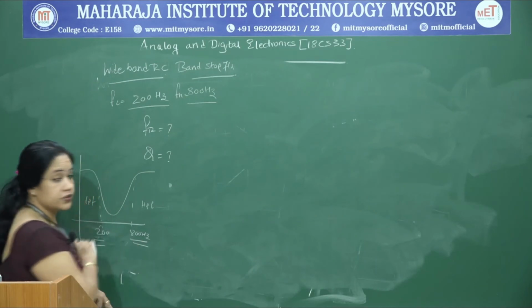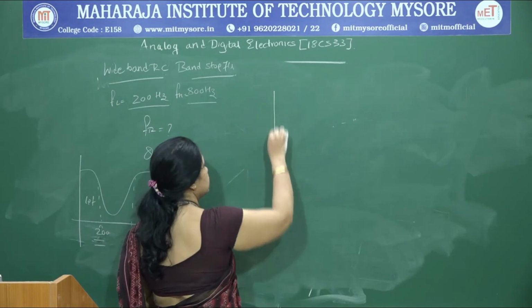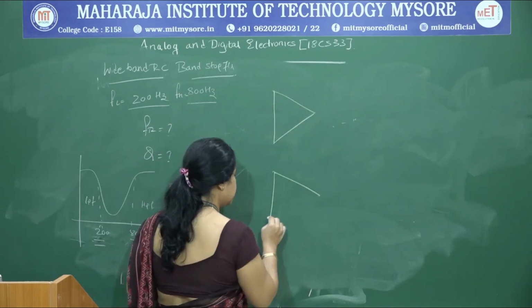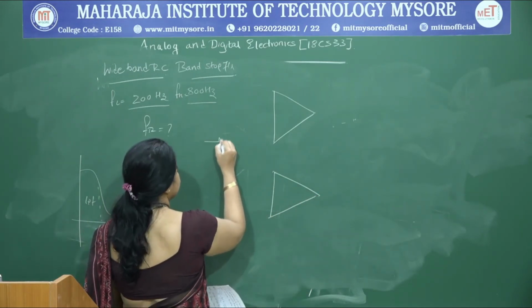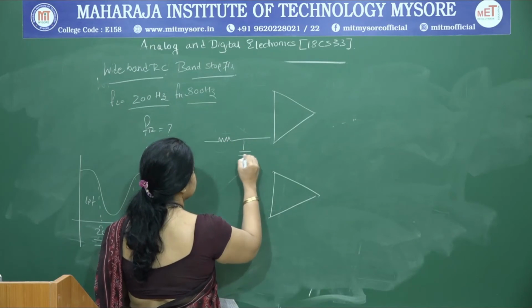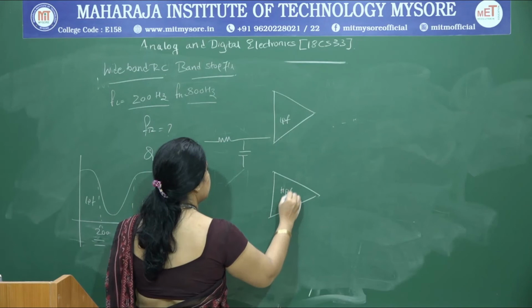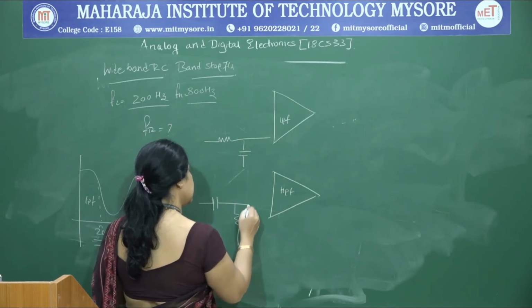If you recall the circuit, you have a low pass filter section and a high pass filter section. In the low pass filter section, you have resistance in series and capacitance in parallel, and in the high pass filter section we have capacitance in series and resistance in parallel.